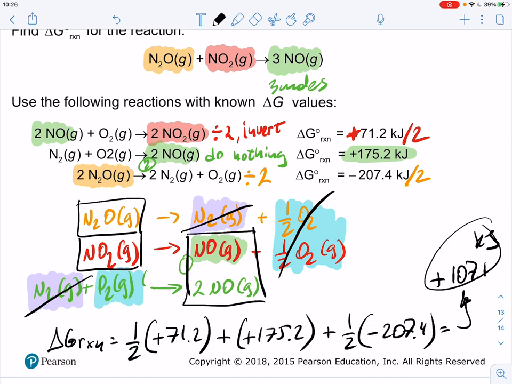Okay, so these are 3 ways in which you can calculate delta G's. Many of these calculations should be familiar. I mean, Hess's law, you study that in thermochemistry. Free energy of formation is the same treatment that you give to the entropy of the substance.